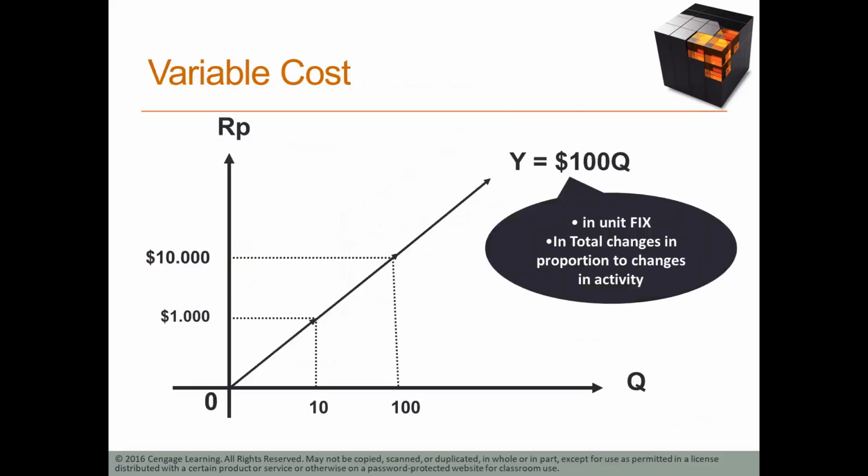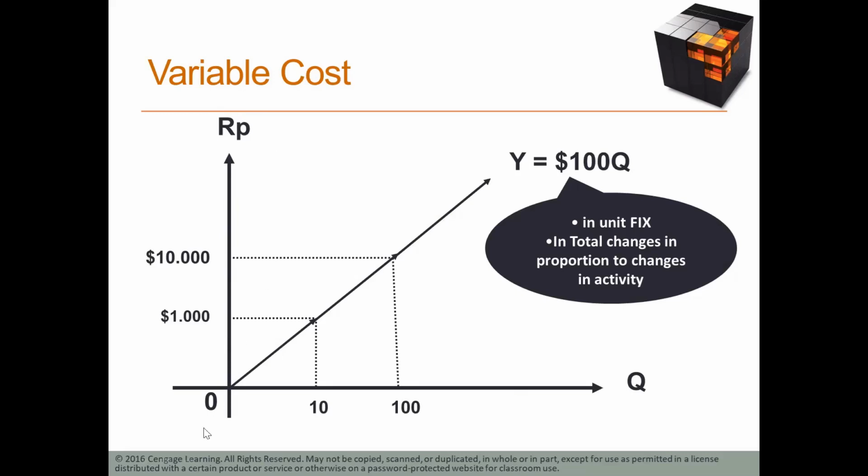Okay, the first type of cost based on its behavior is the variable cost. Maybe we can understand it easily by using a graphic. In here, the x-axis refers to the quantity or units, and the y-axis is for the rupiah or dollar.